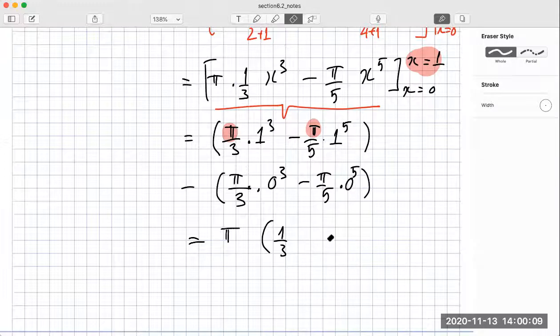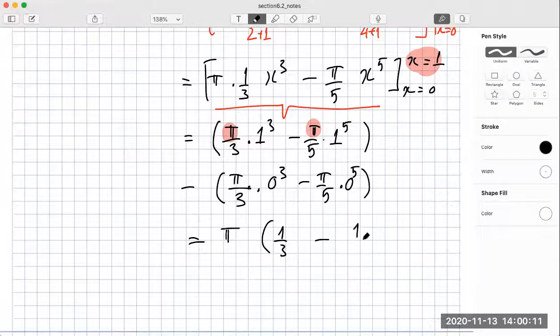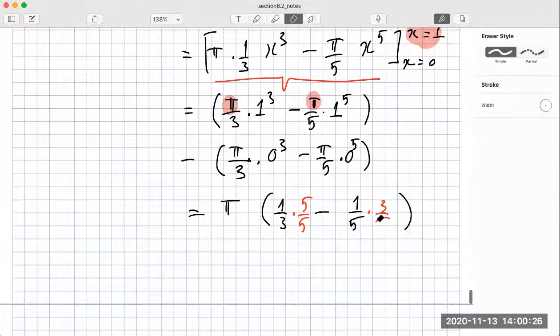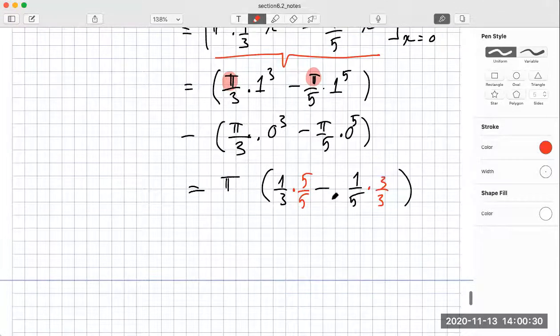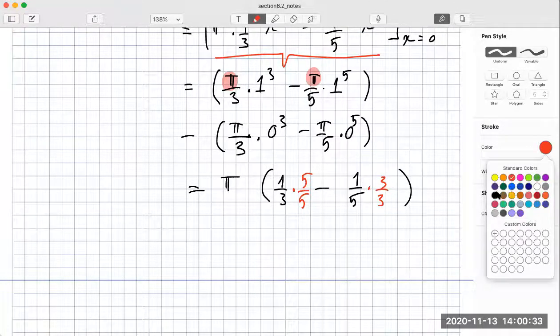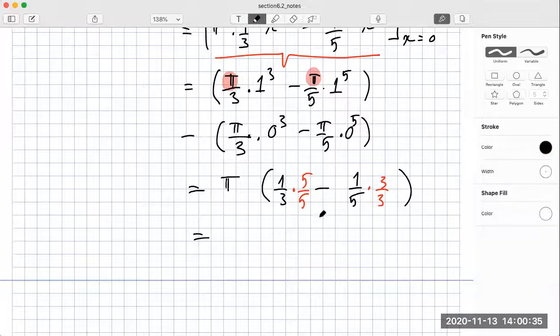And these are fractions with different denominators, so our job is to find the common denominator and then multiply with the appropriate numbers. So it gives us 5 minus 3, it will be pi times 2/15 here. Okay. That's it.